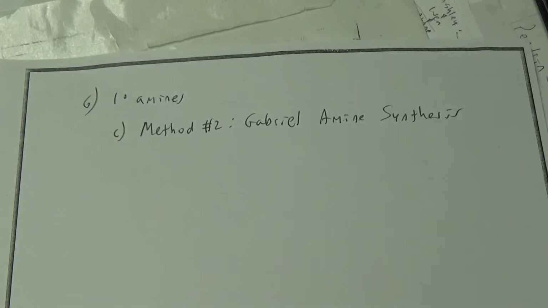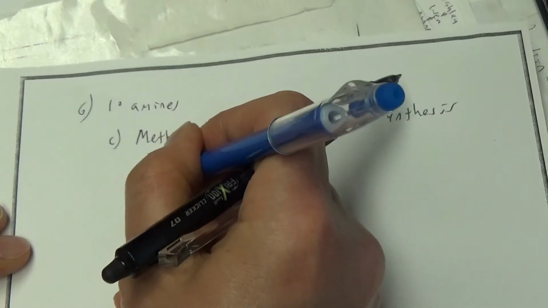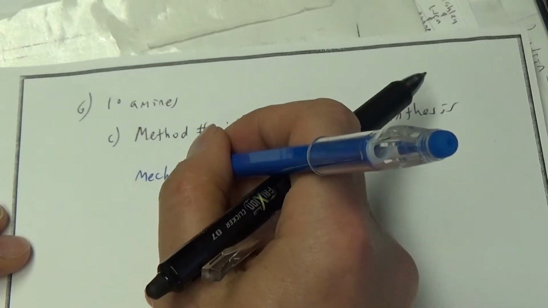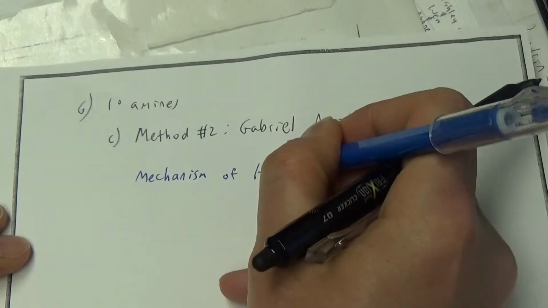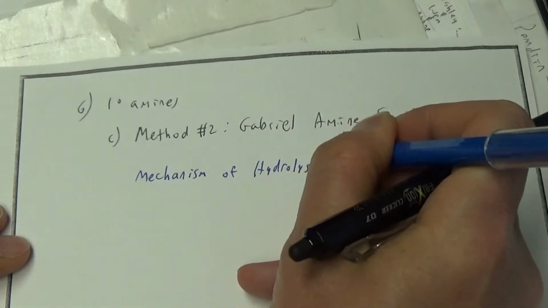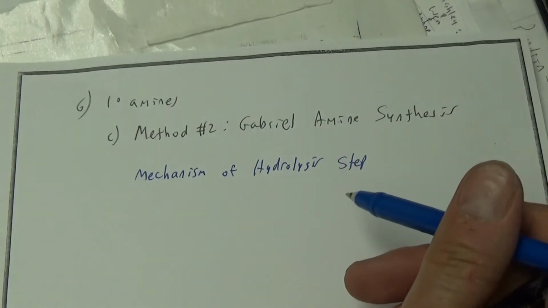So what we're going to do is show the mechanism of the hydrolysis step, which is the second part of the Gabriel amine synthesis.